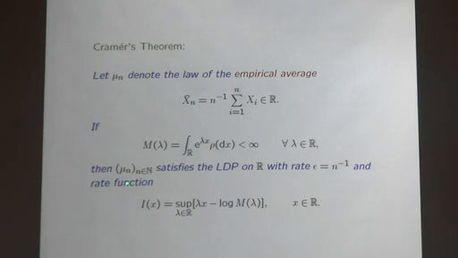And it has the following rate function. What you have to do is compute the lambda moments of the distribution of each of the single x's, which is rho. This gives you a function m of lambda for every lambda. We are assuming here that this integral is finite for any choice of lambda that you take.